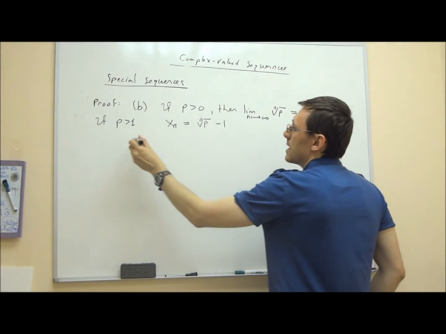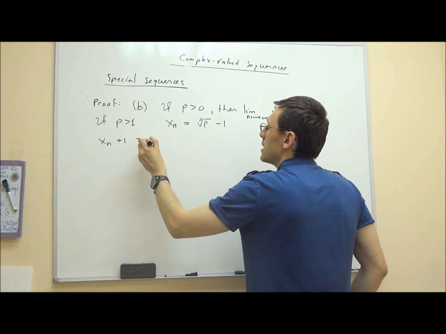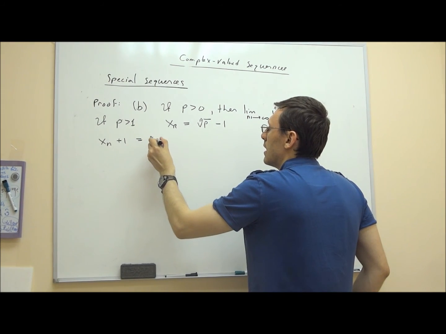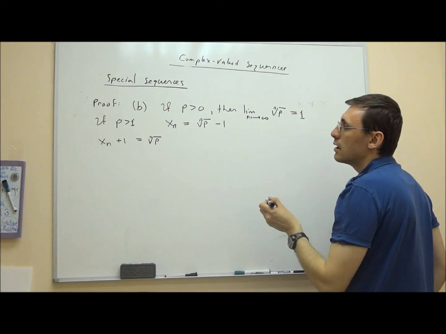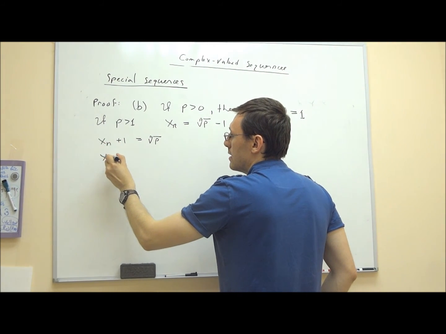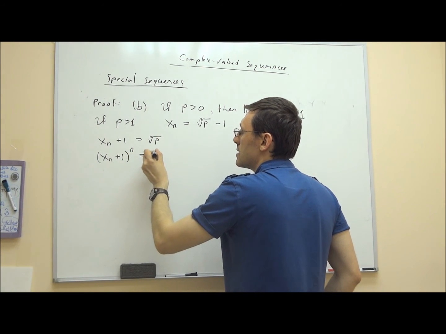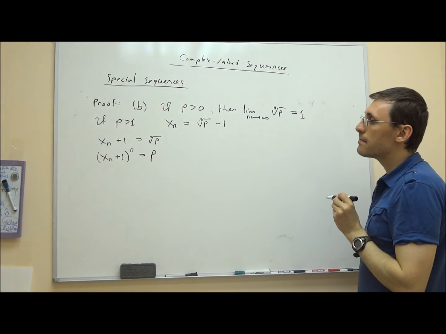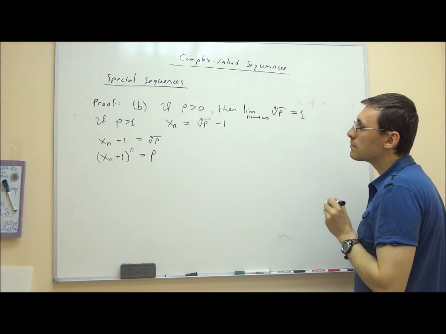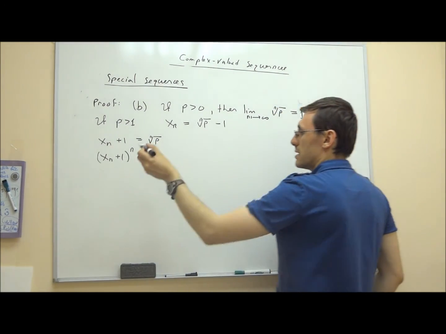So then that means that xn plus 1 is equal to the nth root of p, which means that if I raise it to the nth power, I have xn plus 1 to the power of n is equal to p. So what does this imply?